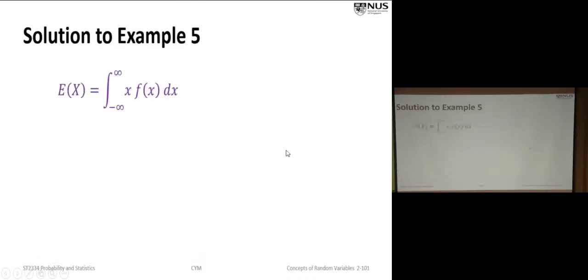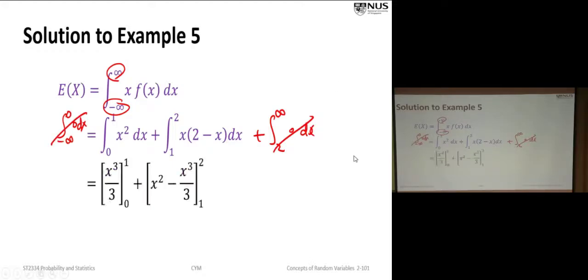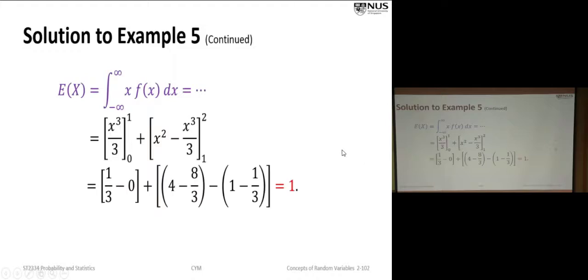So we do the integration from minus infinity to infinity of x times f of x. As I said, you have to divide into 3 regions, in fact 4 regions. From minus infinity to 0, which is 0, and also from 2 to infinity, which is also 0. So these 2 are gone. You're left with this one, complete the integration, and you get the answer, which is 1. So you expect the number of hours used is 100 hours.